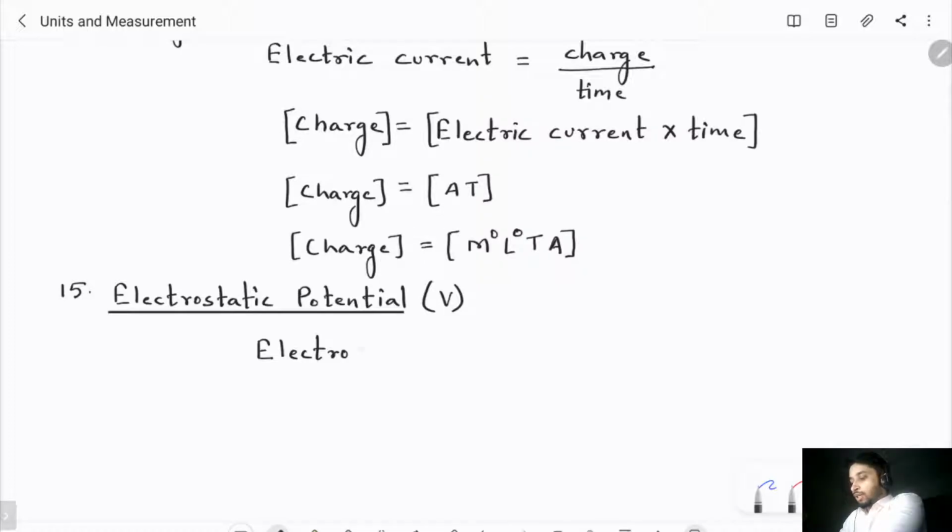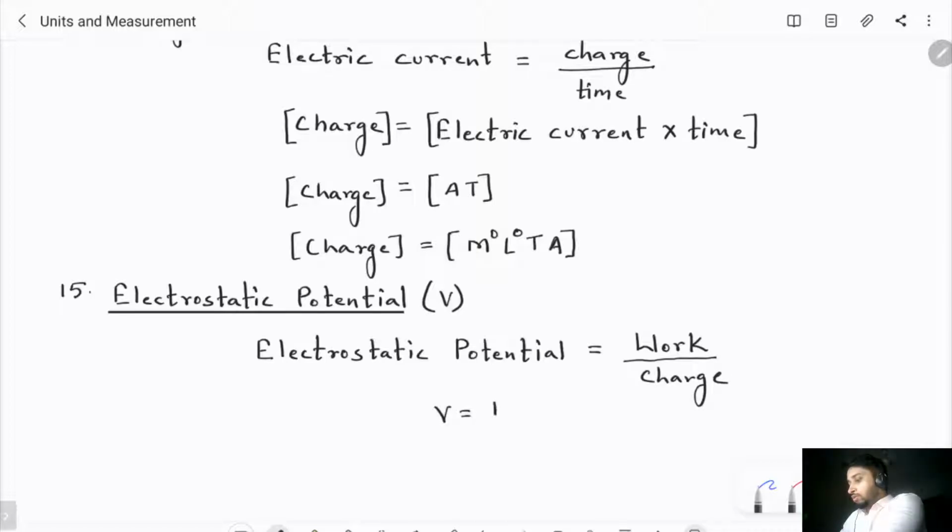So electrostatic potential is equal to work done per unit charge, or in short we can write it as V equal to W by Q.